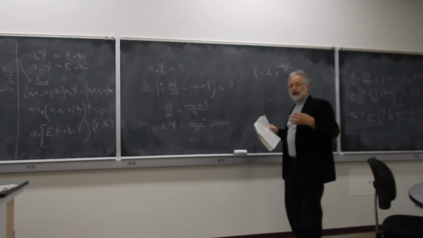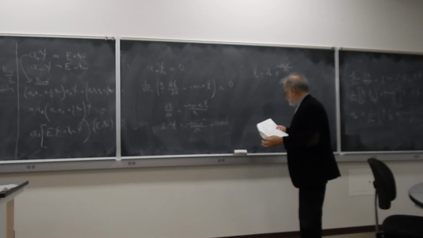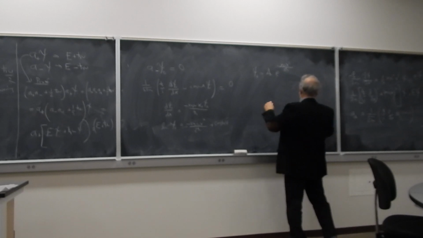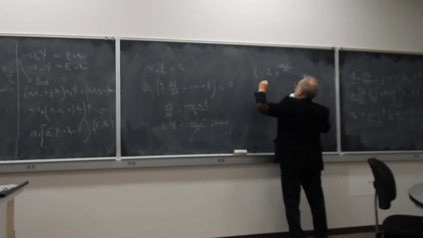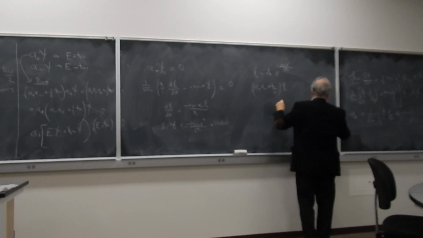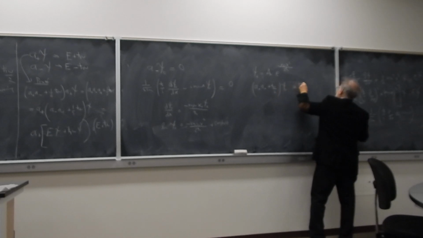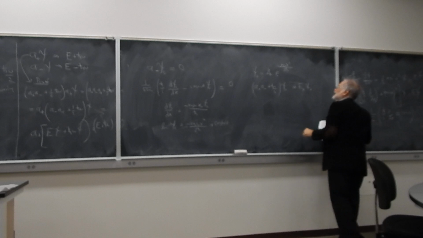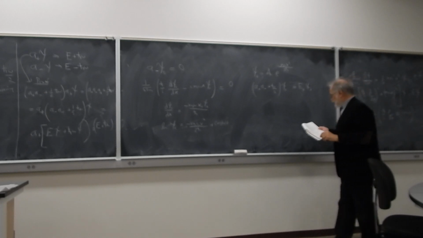We can also determine the energy of that lowest rung by saying, let's do this, a plus a minus plus h bar omega over 2 applied to psi naught is equal to E naught psi naught. So this is essentially the Schrodinger equation.